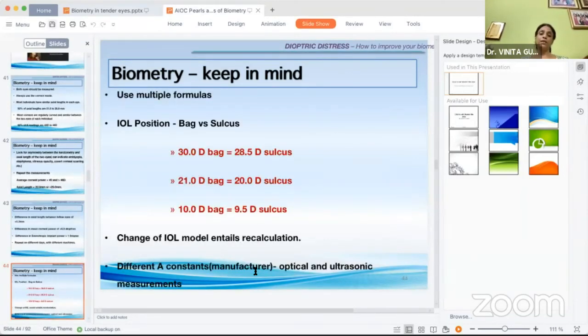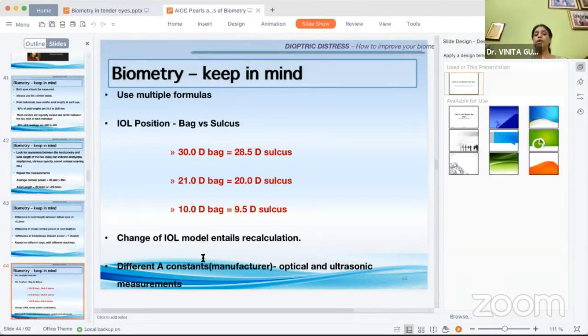Use multiple formulas. Change of IOL: remember, whenever you're changing the IOL at the time of surgery because of some complication which has occurred during surgery, and you're changing the position of the IOL or the type of IOL, please do the recalculations and also ensure to do calculations according to the position of the IOL placement, whether it is in the bag or in the sulcus.